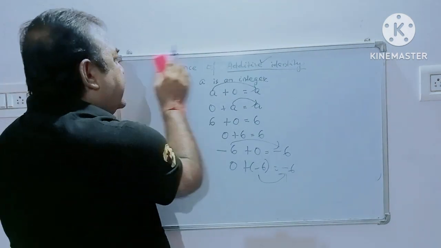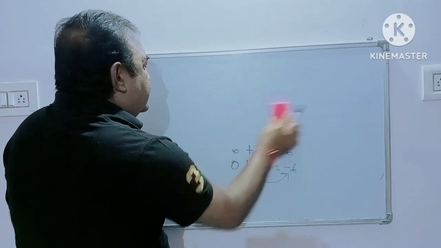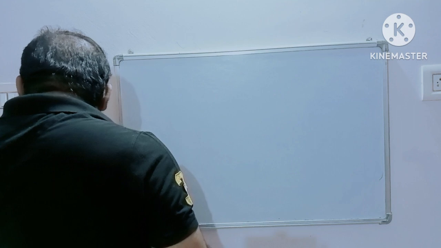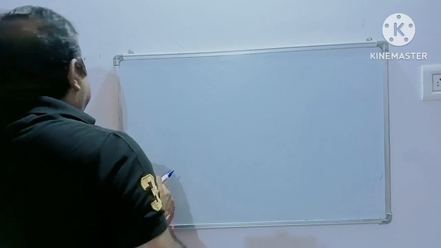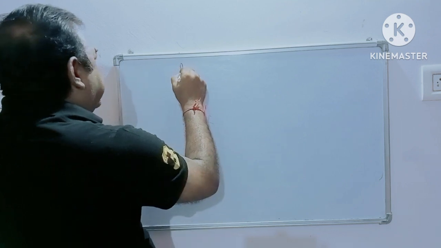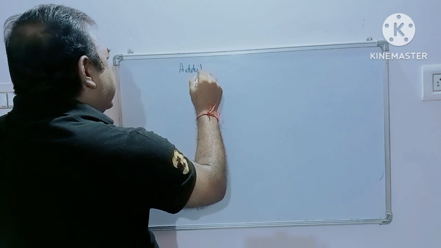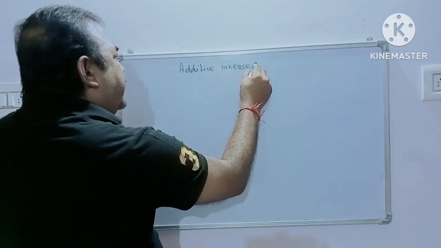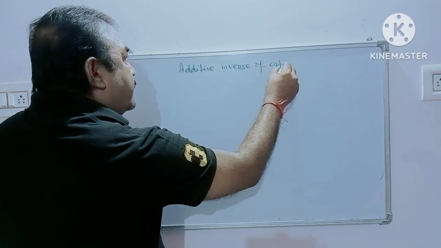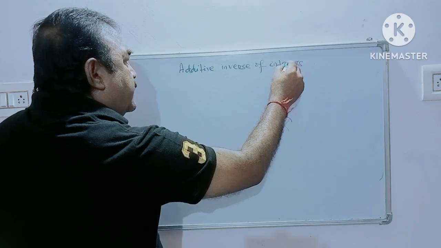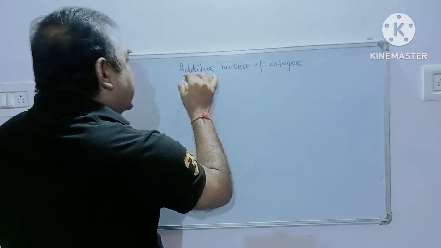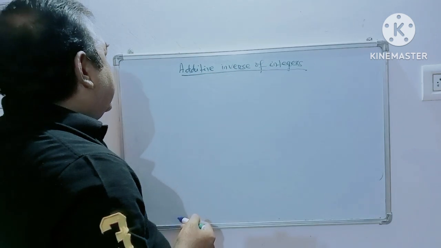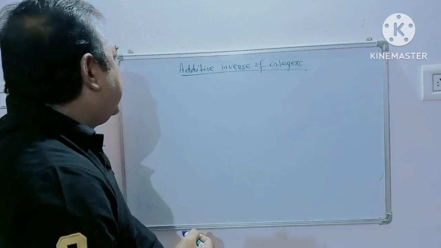And additive inverse of integers. So how you do it? You see, additive inverse. Inverse means just opposite. Additive, we have to add, and you see, suppose 5 is an integer.